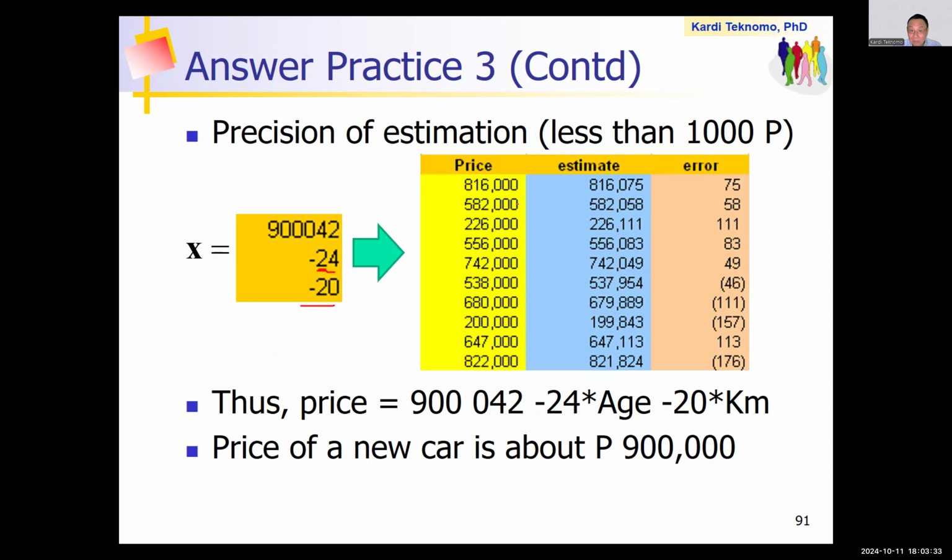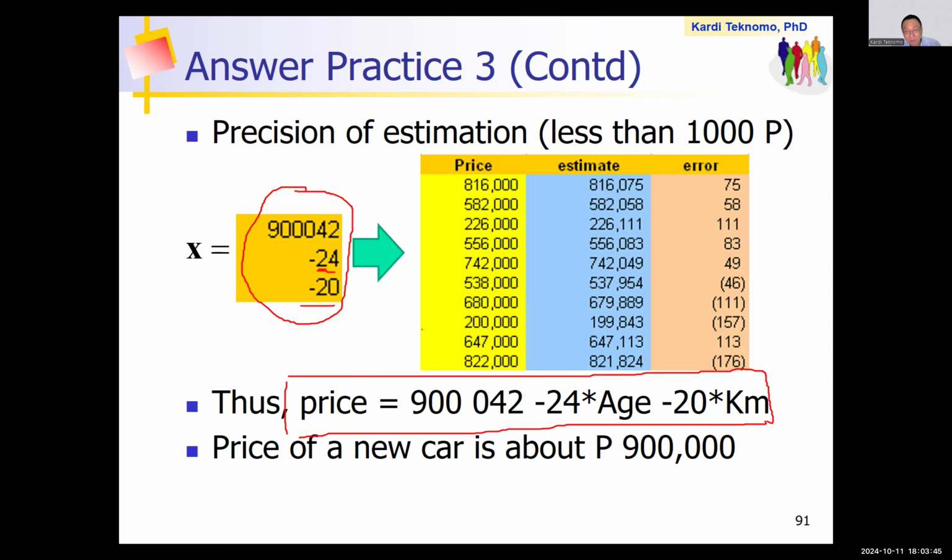Okay, so once you have this model, it's calibrated, right? Calibrated means you already have the parameter. This is the parameter value. So once you have the parameter value, the model is calibrated. Then you can predict. So this is the prediction.